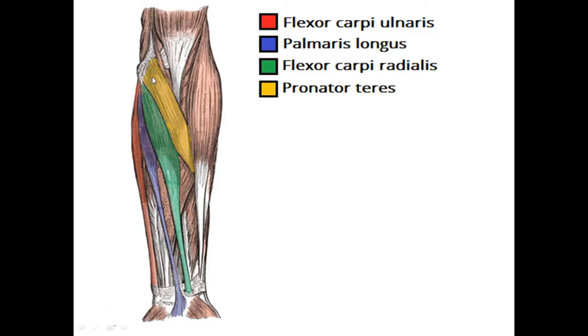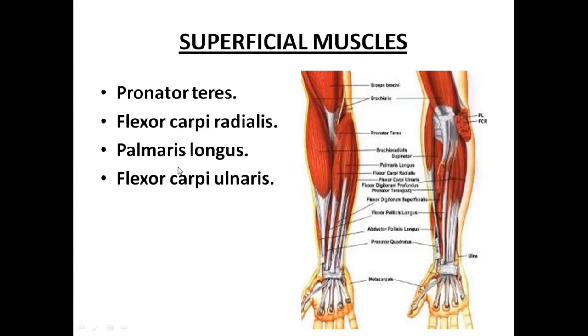So the arrangement, from lateral to medial, is Pronator teres, flexor carpi radialis, Palmaris longus and the flexor carpi ulnaris muscle. These are the muscles present in the superficial layer. Again, they can easily be visualized from lateral to medial: Pronator teres, flexor carpi radialis, Palmaris longus and flexor carpi ulnaris muscle.